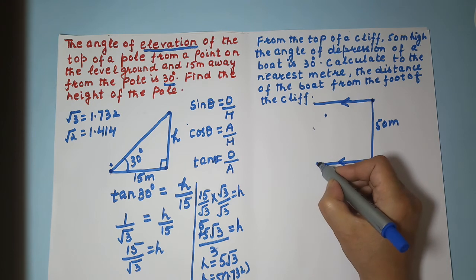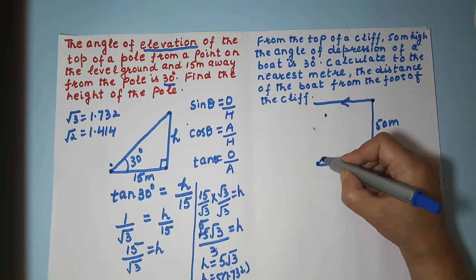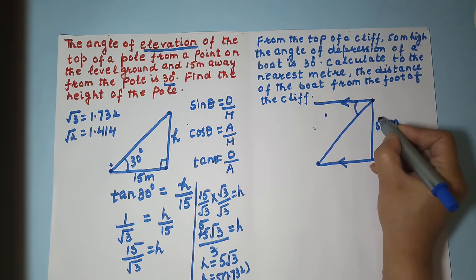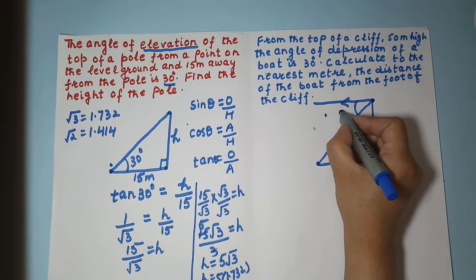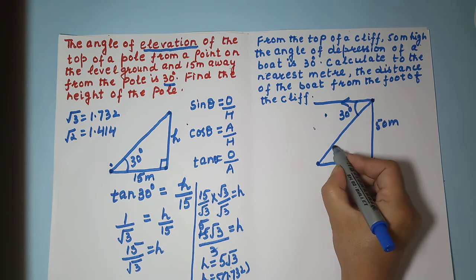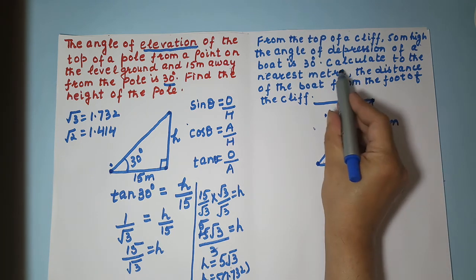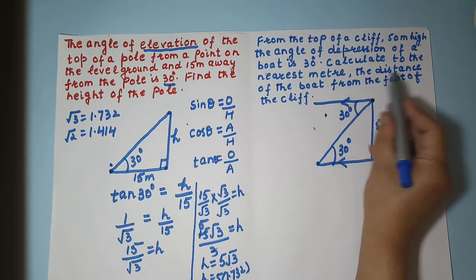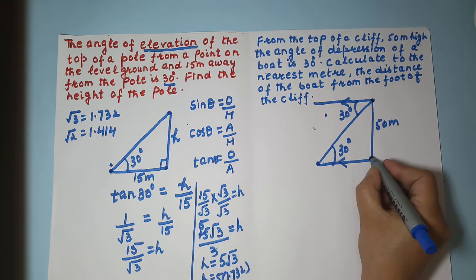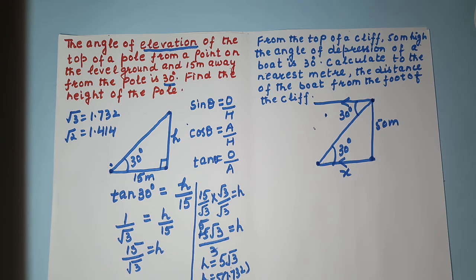So there is a boat, and from the top of the cliff he's looking at the boat, and the angle of depression, that means this angle, not this angle, is 30 degrees. So now this angle is equal to this angle, alternate angles, right? Calculate to the nearest meter the distance of the boat from the foot of the cliff. This is the foot of the cliff and this is the boat. This distance you have to calculate.